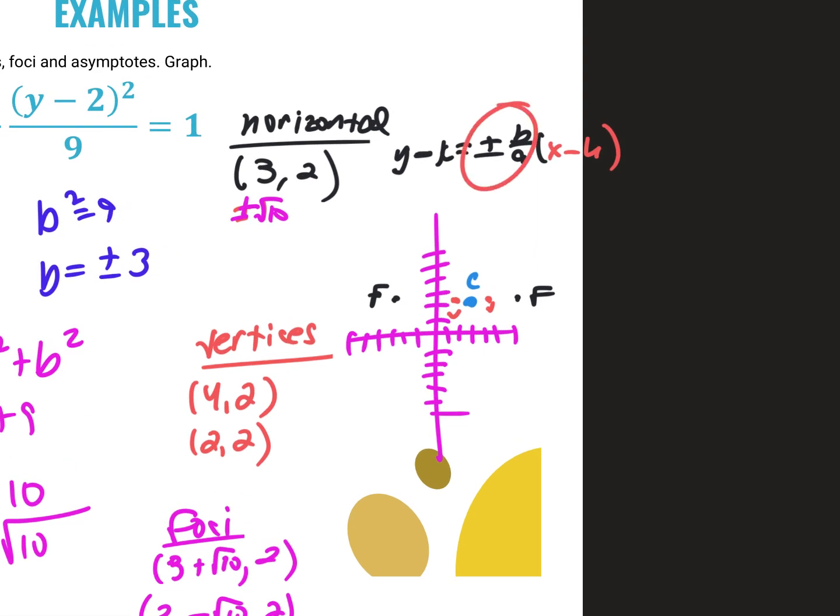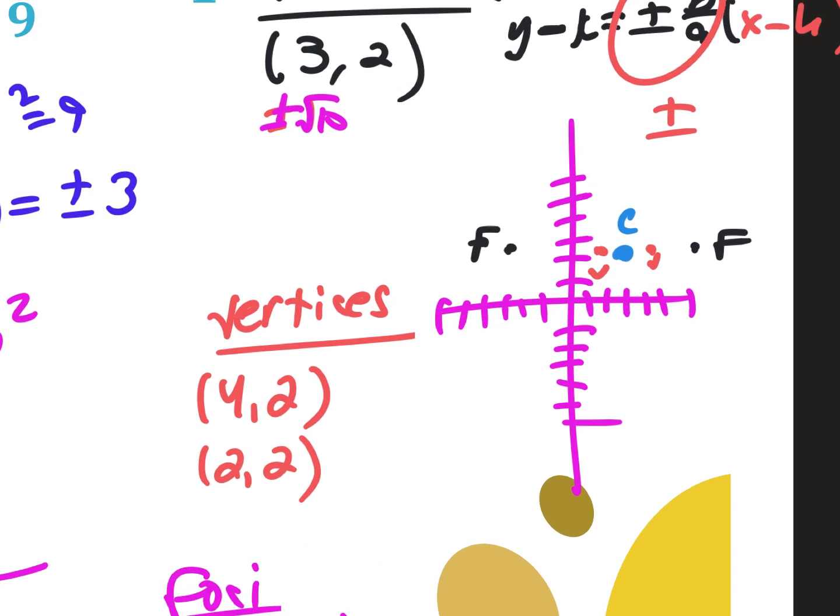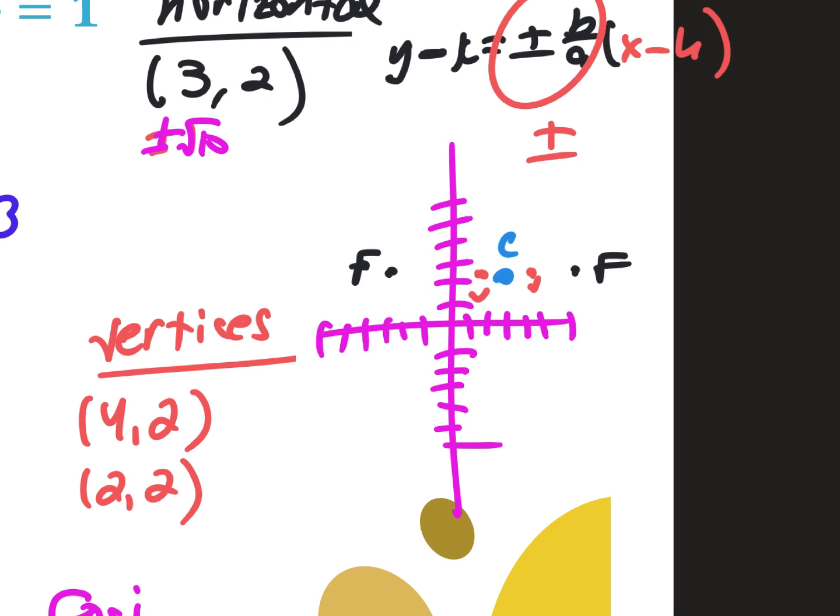Because from the center, you're going to move what direction? b over a. What would it be? 3 over 1, right? So you're going to go plus or minus 3 over 1. From the center, you go up 3 over 1, down 3 over 1. It's not a very good picture, but it's going to be real close like this. And remember, your branches open through the vertex towards your foci.